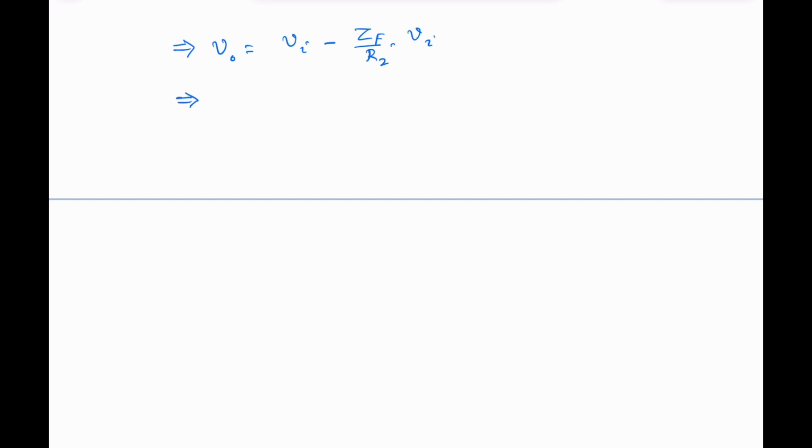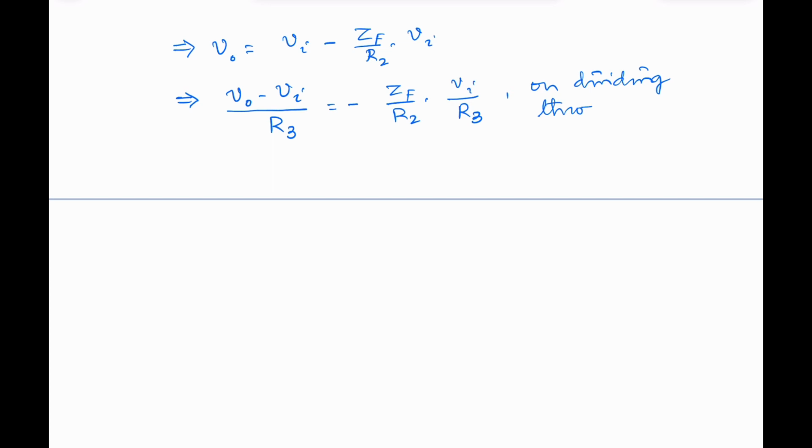By simple algebraic manipulation, we can write V naught minus Vi upon R3 is minus ZF upon R2 into Vi upon R3, on dividing throughout by R3.